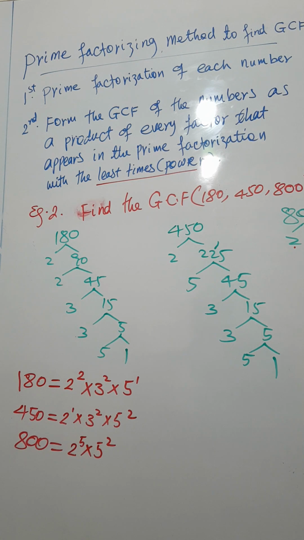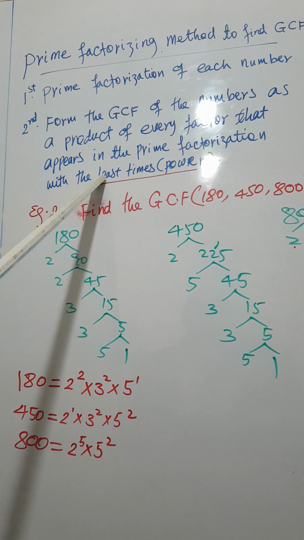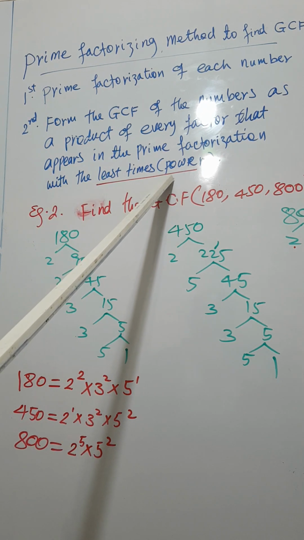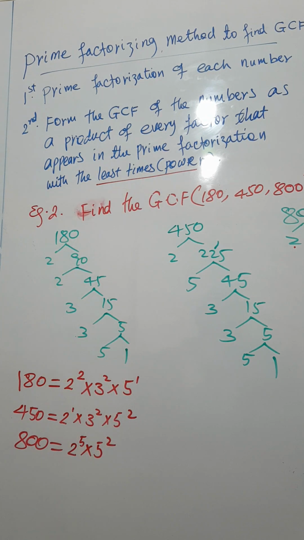Good. So what are the numbers that appear as a factor of those three numbers? Now 2 appears in all three of the numbers, 3 appears only in two, and 5 appears in all three of the numbers. We are supposed to take the least power in the prime factorization.